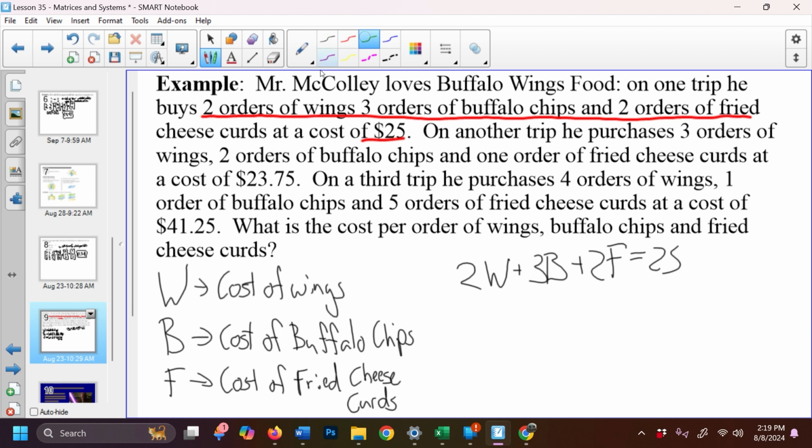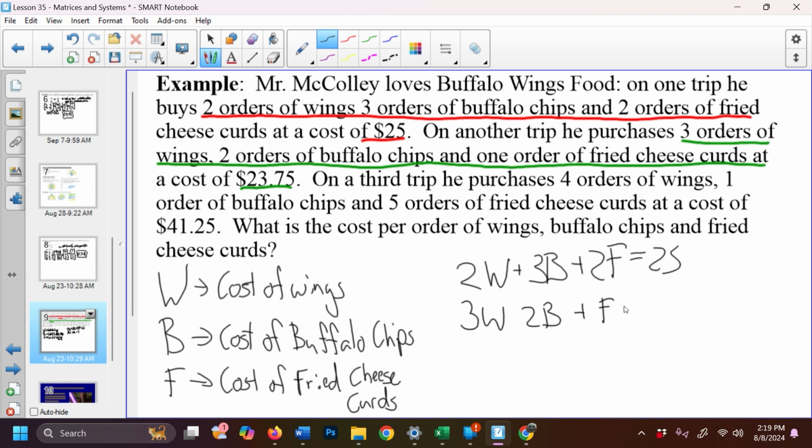Then on the second trip, it was 3 orders of wings, 2 orders of buffalo chips, and 1 order of fried cheese curds at $23.75. So 3 wings, 2 buffalo chips, and 1 fried cheese curd, and that one was only $23.75.